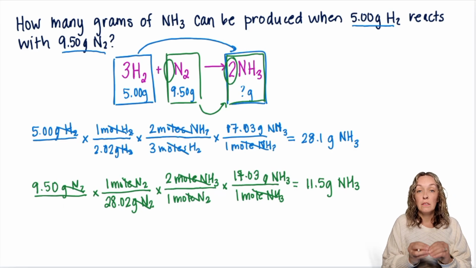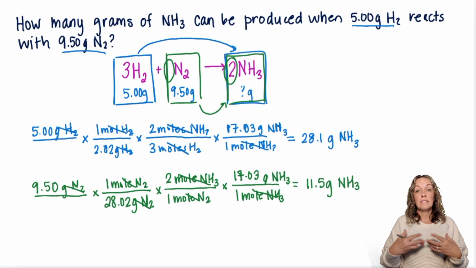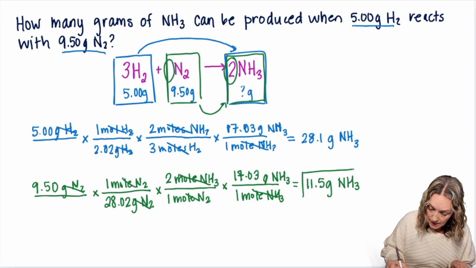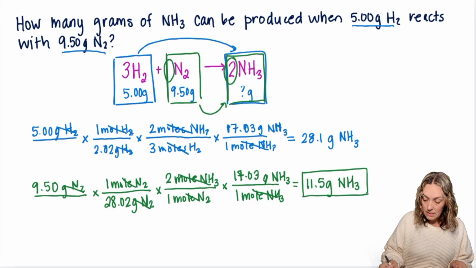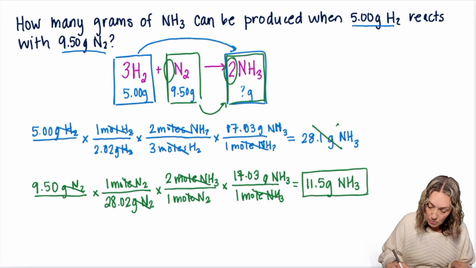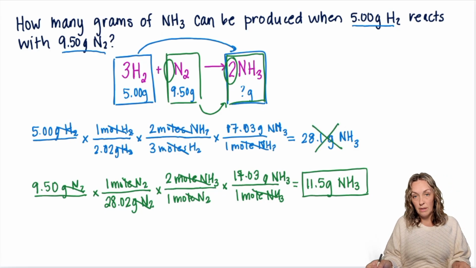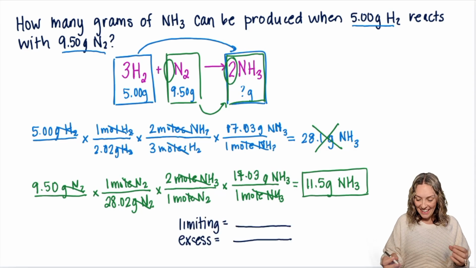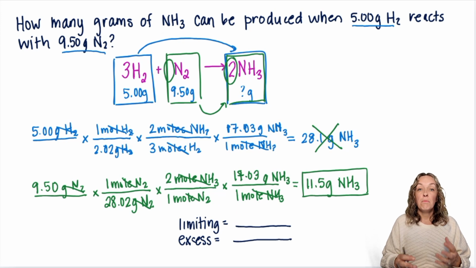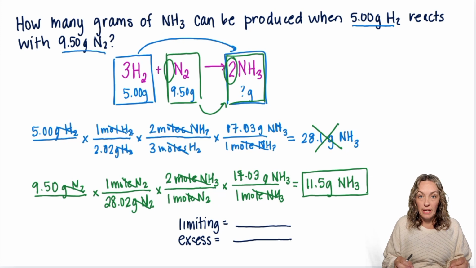Now, remember that the limiting reactant is going to stop the reaction. As soon as we run out of limiting reactant, we stop producing product. Therefore, the lesser amount of product is going to be the correct amount. I will never be able to produce 28.1 grams of NH3. All right, I know that 11.5 grams of NH3 is the amount of product that I'm going to make, and I answered the question. But it's important that we identify what the limiting reactant was.